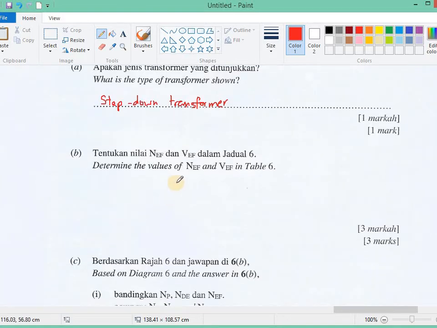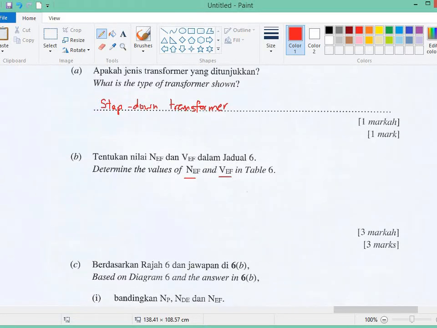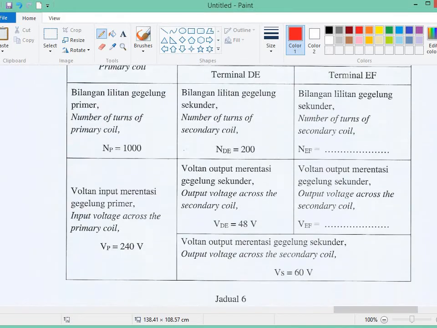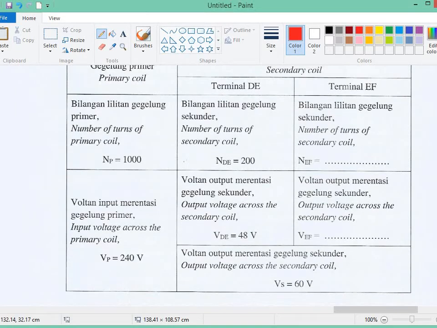Determine the value of the number of turns EF and the voltage of EF in table 6. We need to calculate that. If you want to find out the number of turns EF or the voltage of EF, first we need to know the total number of turns in the secondary coil.